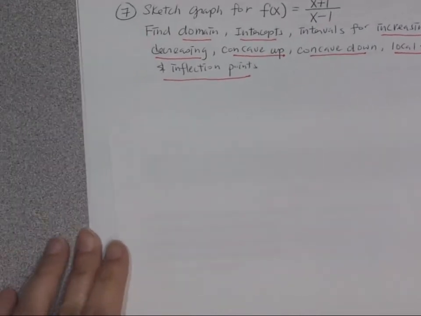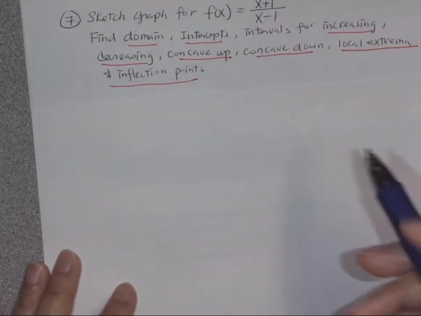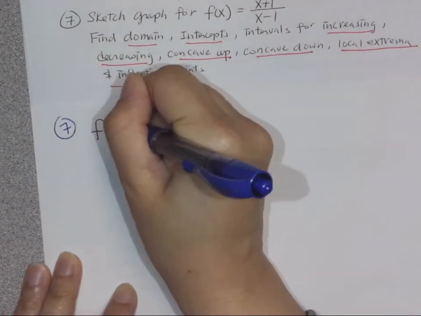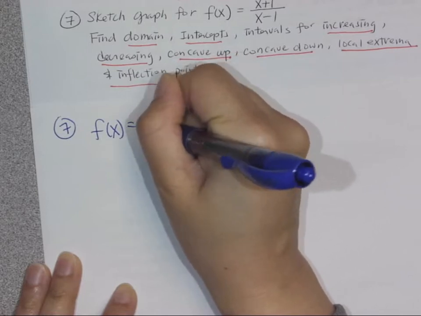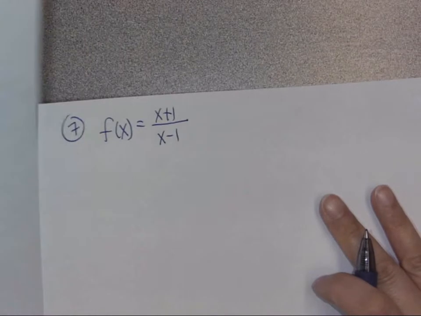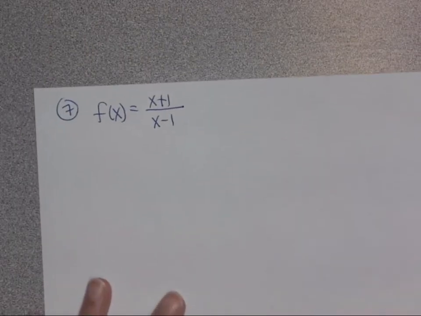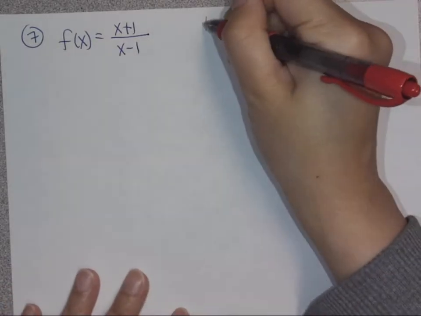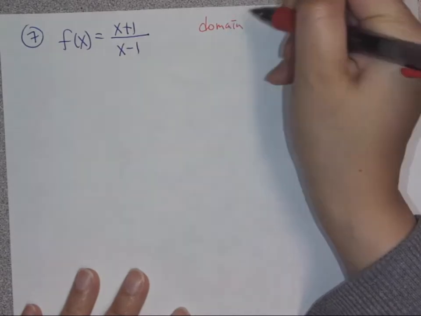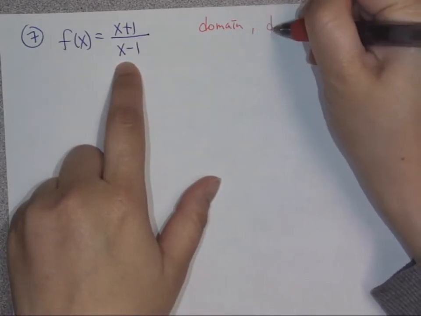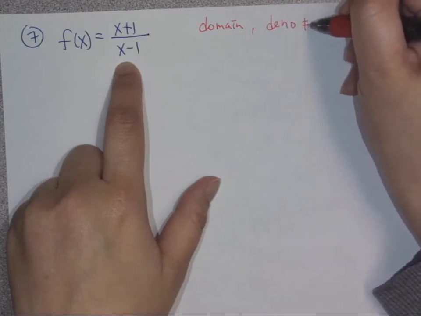So this started with the question: say the rational function is f of x equals x plus 1 over x minus 1. It looks as simple as we can make it together. The first question asks for the domain. So remember, when you have a rational function, basically the bottom part, the denominator, cannot equal 0, right?